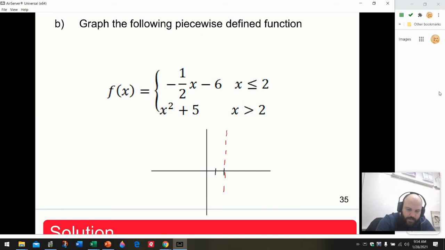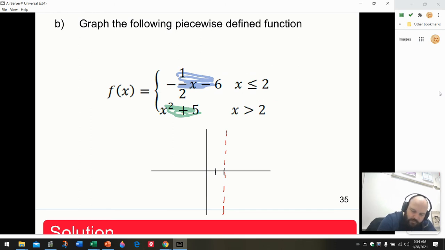Okay. The next thing that I'm going to do is get my colors picked for each of the graphs. So I'm going to graph this one in blue, and I'm going to graph this one in, let's go with green. Okay, so what you need to understand, though, is where each piece is going to be graphed. This first piece in blue is graphed when x is less than or equal to 2.